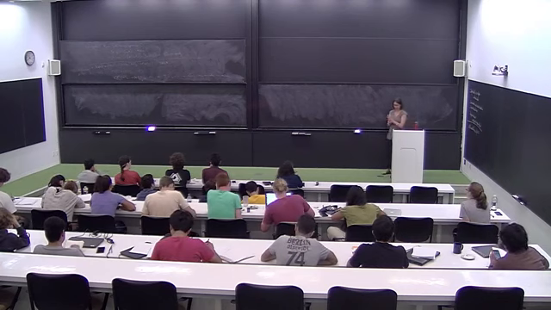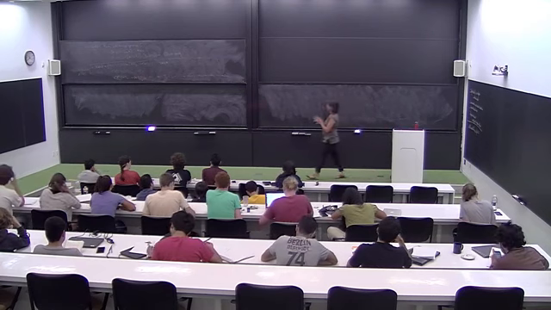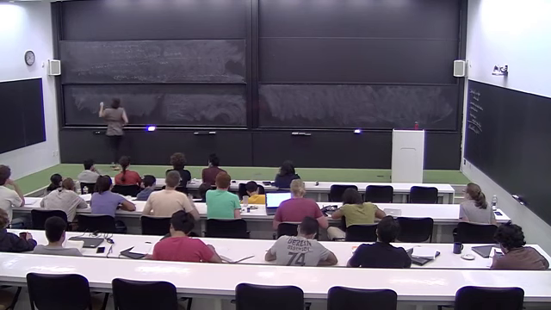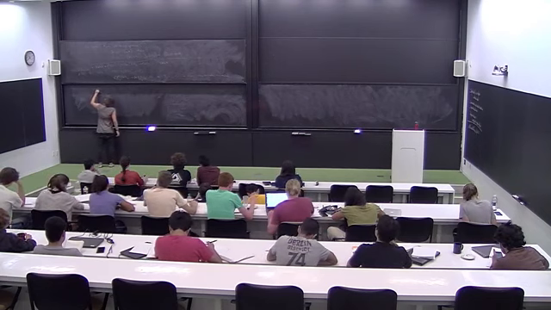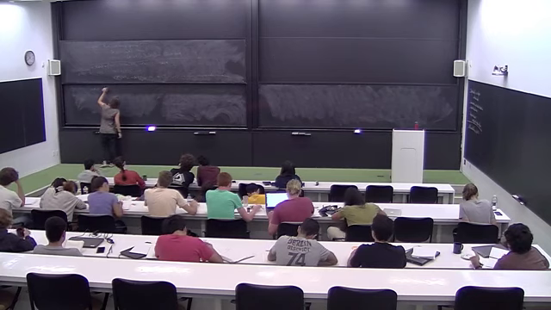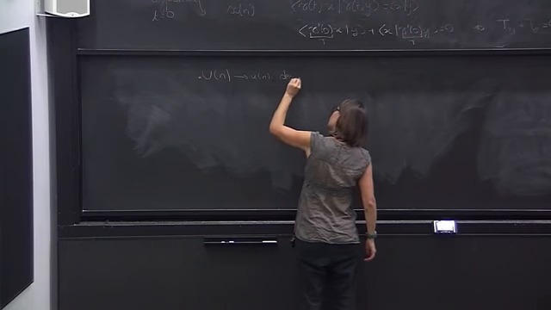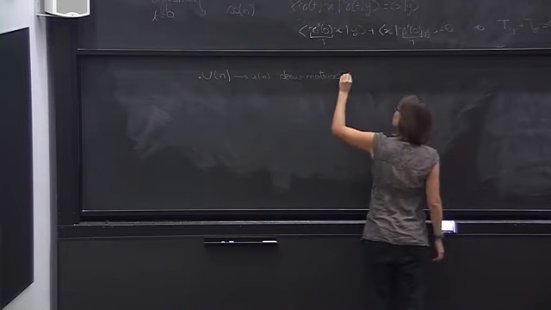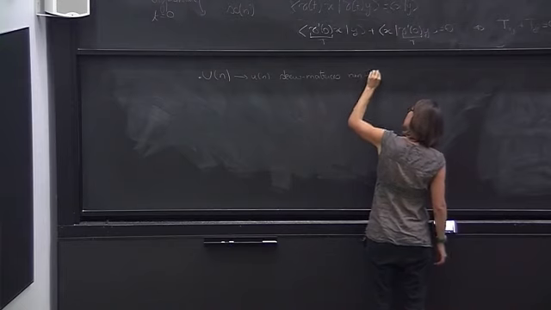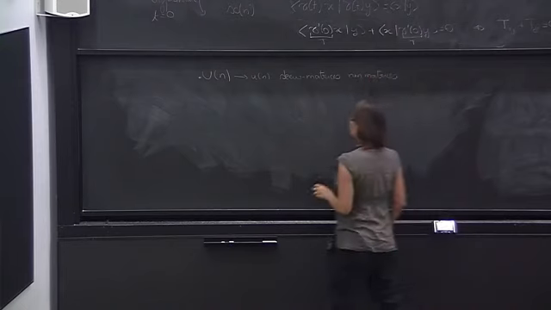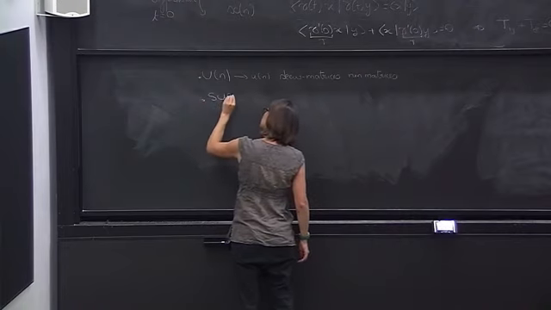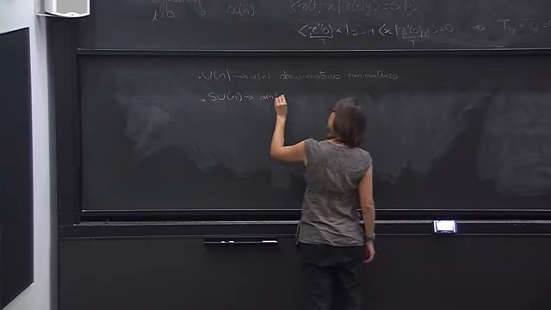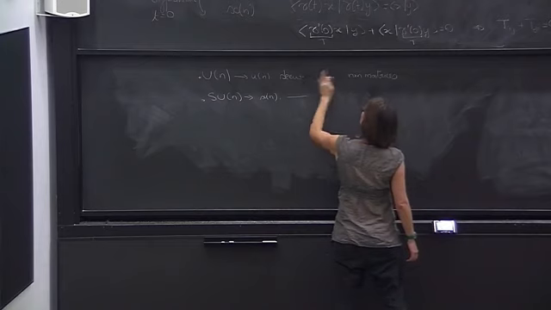But if G is now your unitary group, U(N), you will get the same kind of result: skew-symmetric n by n matrices. And now if you look at SU(N), you again get skew-symmetric matrices.